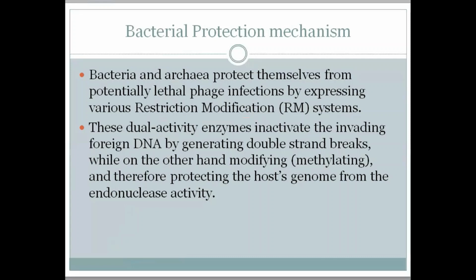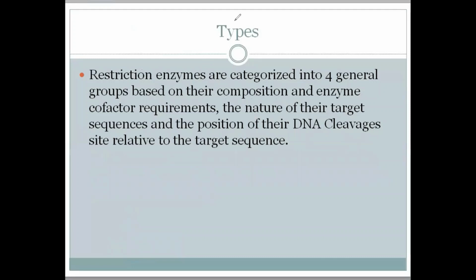Okay, now we are going to learn the types of restriction enzymes. See, generally there are 4 types. But if you talk about it in a detailed manner, it is 3 types. The type 4 is just a new one. In some places you don't find type 4. In some places you find type 4. Okay, just for your reference, I have given here 4 types. Now, how are we characterizing it?